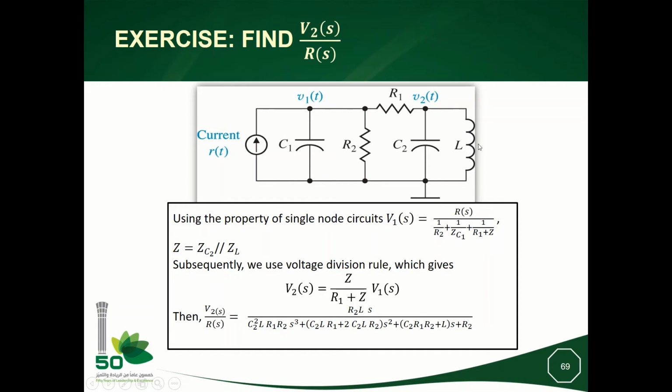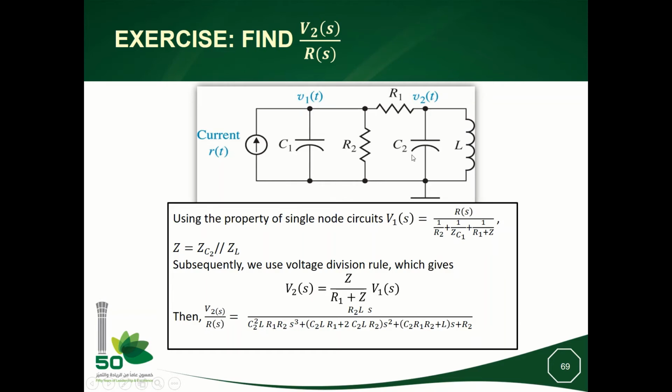We see now that the inductor L and the capacitor C2 are in parallel. So I will call capital Z the impedance of the equivalent L parallel C2.